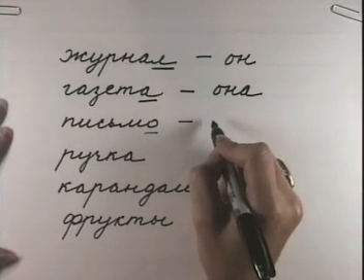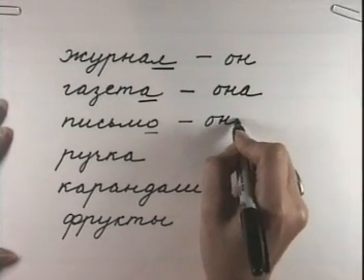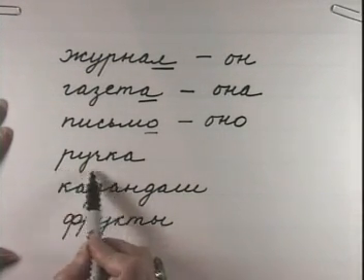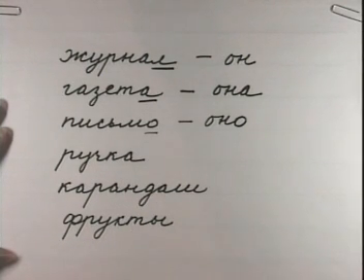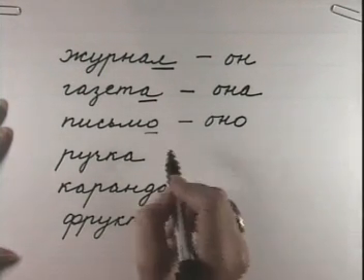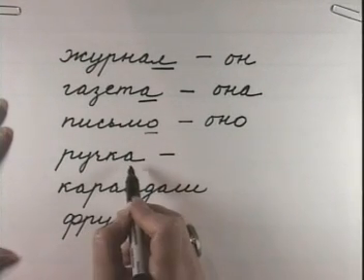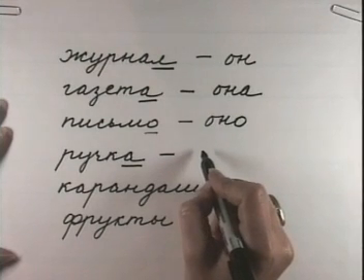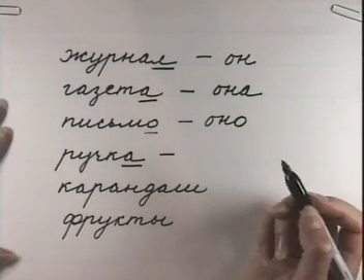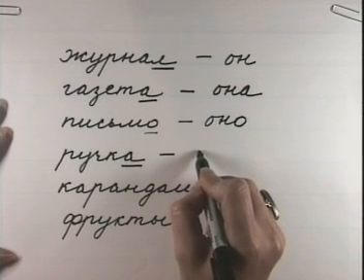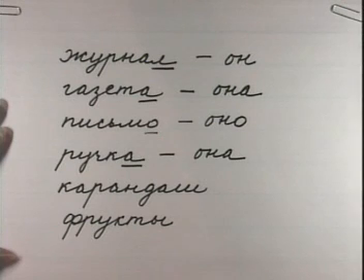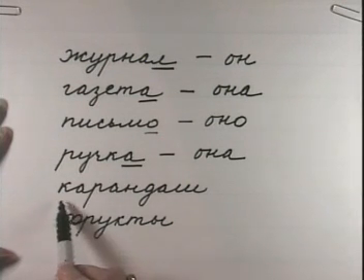It's a neuter noun, so we can replace it with the pronoun оно. Go ahead and read this word. Ручка. It ends in A, which means that it is a feminine noun. And a feminine noun gets replaced with the pronoun она.